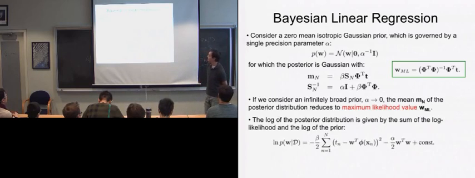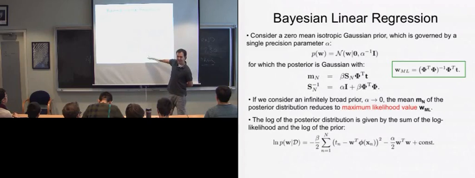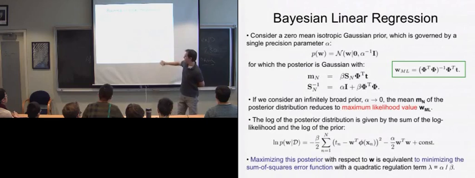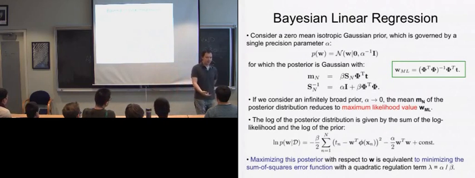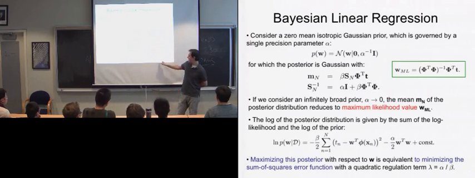That's the idea here. And if you look at the log of the posterior distribution, it is going to be given by the log of the likelihood term plus the log of the prior. If you maximize that quantity with respect to the parameters, so if you're interested in MAP estimation, then it's exactly equivalent to minimizing the sum of squares error function plus a quadratic penalty term.